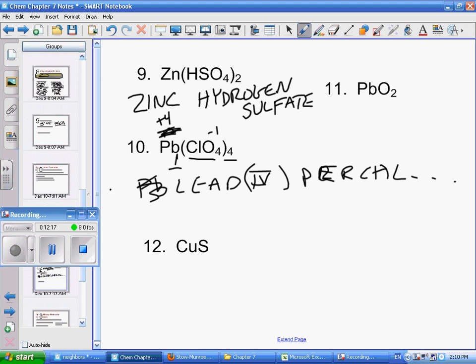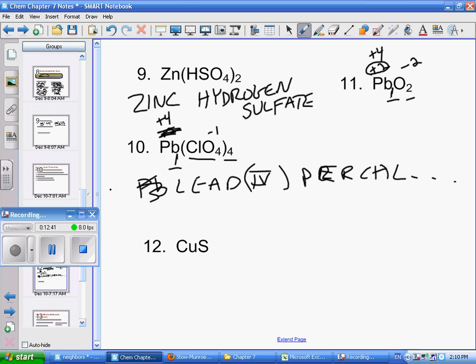All right, number 11 can be tricky because you'll notice that when you look up oxide, there is only one form of it. And so therefore, that is negative 2. Well, lead can be plus 2 or it can be plus 4. What is going to give me a 1 to 2 ratio? Well, if I pick this, plus 2 and minus 2 is a 1 to 1 ratio.